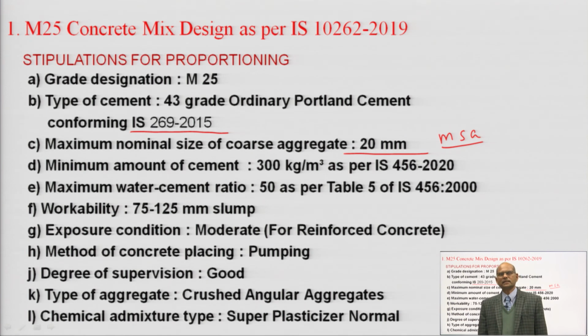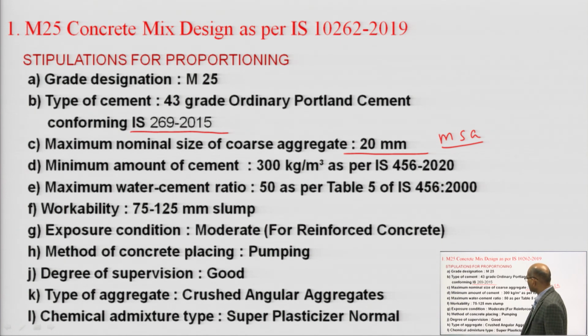So, you may gain the strength by controlling the water cement ratio with a lesser amount of cement also. Even 220 kg you may get, but for the durability requirement, the exposure condition minimum amount of cement is 300 kg per meter cube. So, you have to keep that in mind. 300 kg is the minimum requirement.